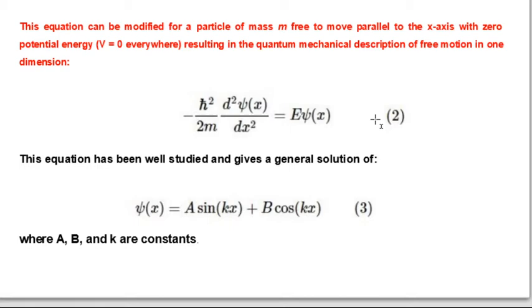Then it will be a very standard second order differential equation and it has a standard solution. From differential calculus, we directly go into the solution. The equation obeys the standard solution, that is psi x is equal to a sin kx plus b cos kx. A, b and k are constants.